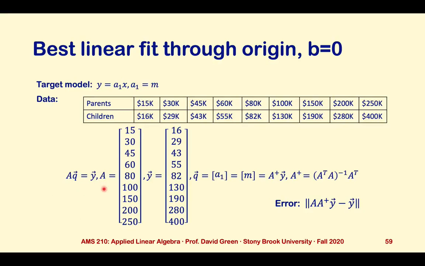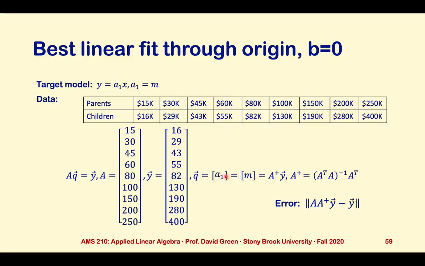That means that our matrix A only has a single column that has the linear values x in it. Y is exactly the same. Q only holds a single number. It's actually a scalar that has that slope.